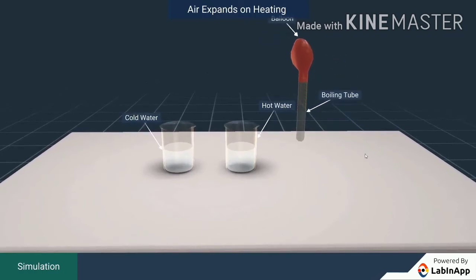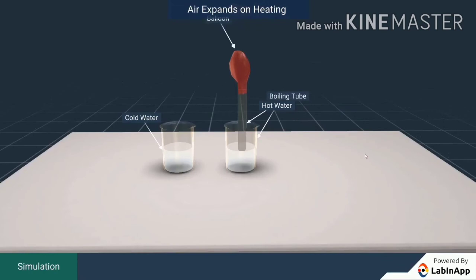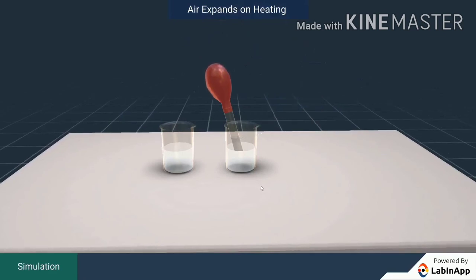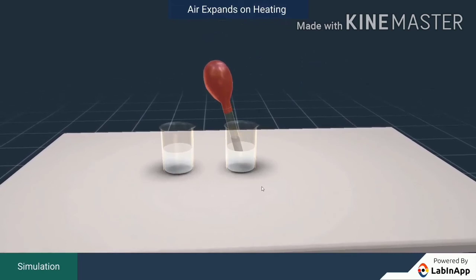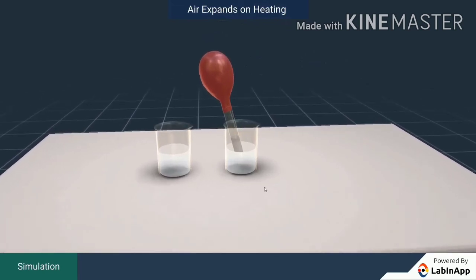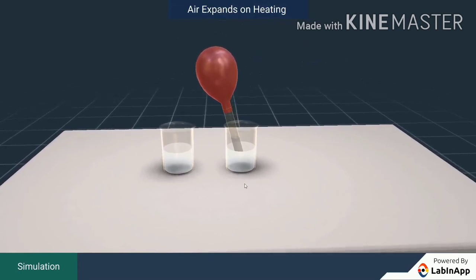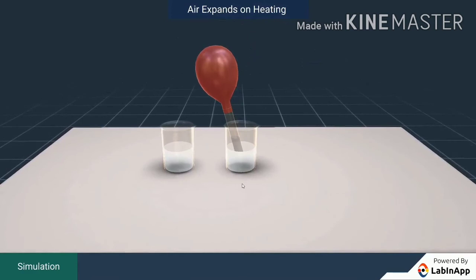Place the boiling tube with the balloon in the hot water and observe. We can see that the balloon inflates after some time.